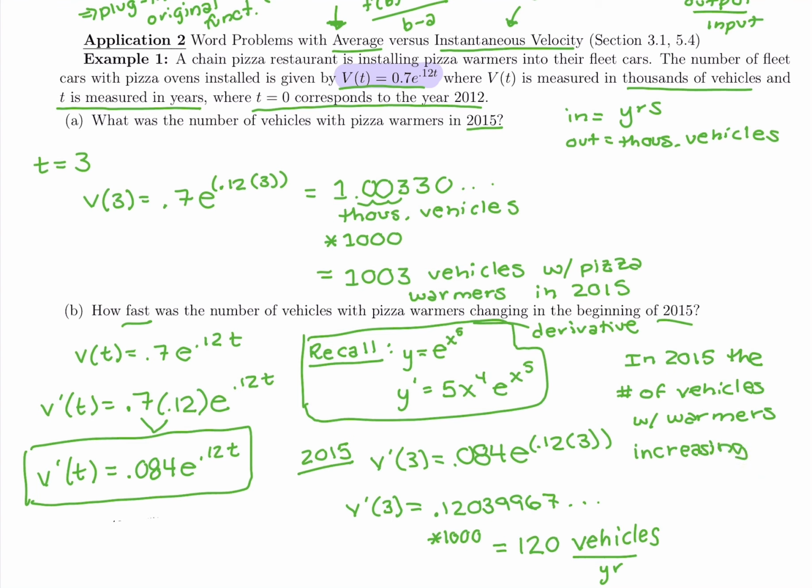In 2015, the number of vehicles with pizza warmers was increasing by 120 vehicles per year. So in 2015, there were about 1,000 vehicles with pizza warmers, but in that year, it's expected that it was increasing by 120 vehicles per year. So even more in 2015.